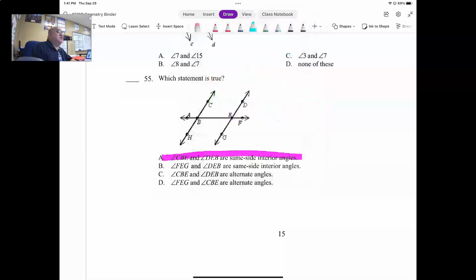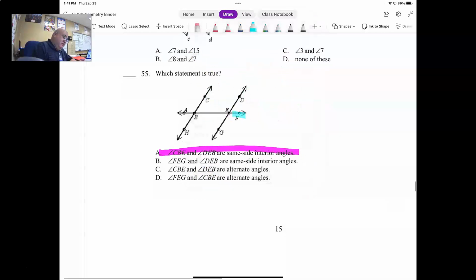Angle FEG and angle DEB. No, those are vertical angles. And I'm going to write that down. Those are vertical angles. Okay.